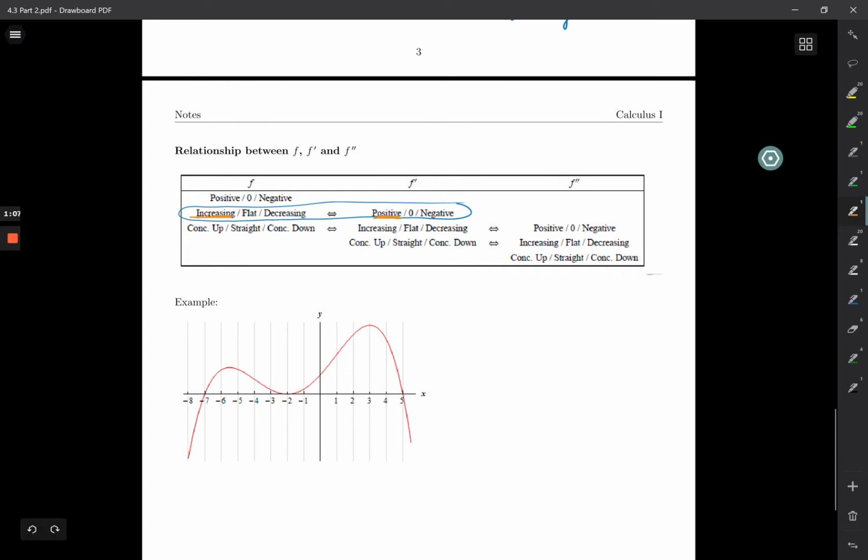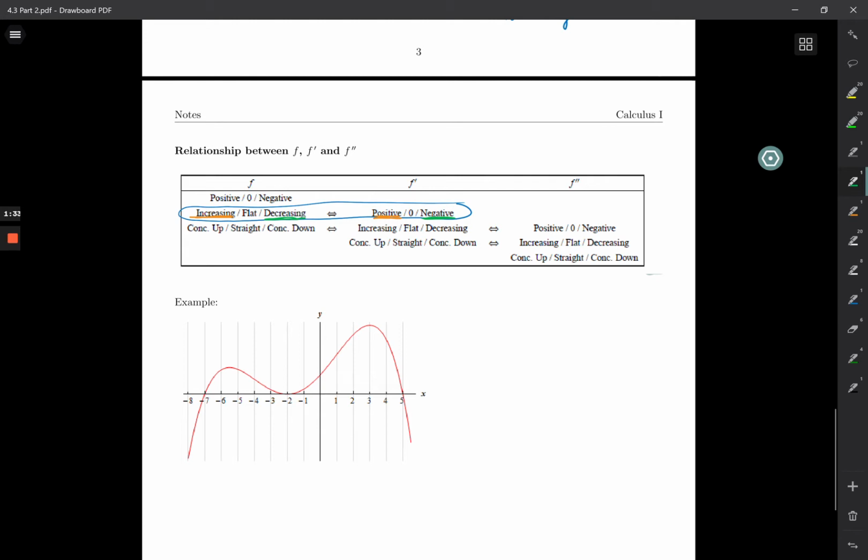So we know that that's a relationship between f and f prime: if f is increasing, then the derivative is positive. If it is decreasing, then the derivative is negative, right? And then if it is flat, it's 0.